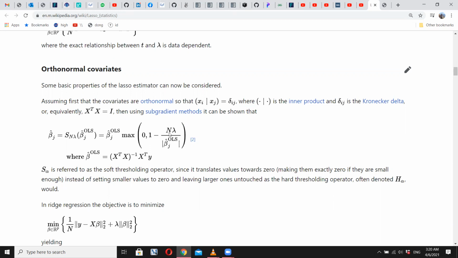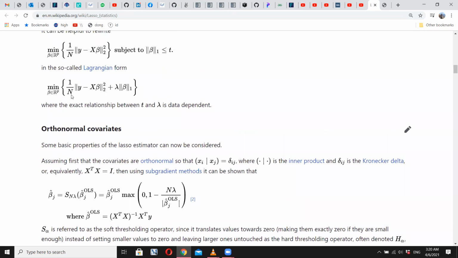This n comes over here because we are saying to average out the squared error. But if you just forget about this n and say that n is 1, then you can also say that this is simply lambda over the ordinary least squares norm.